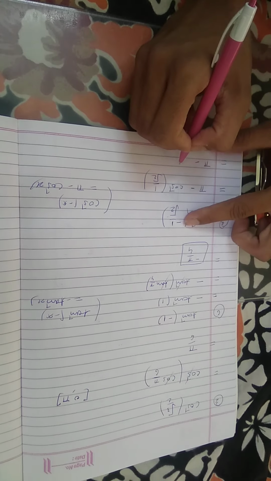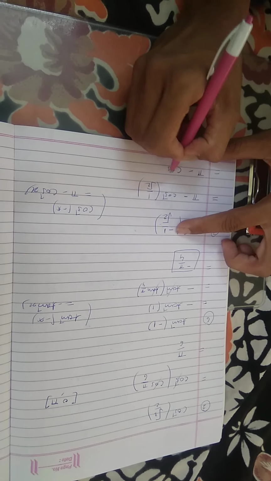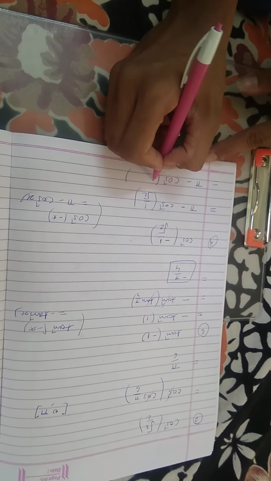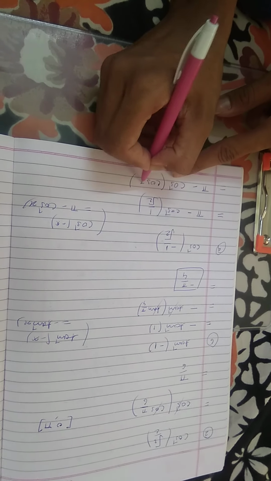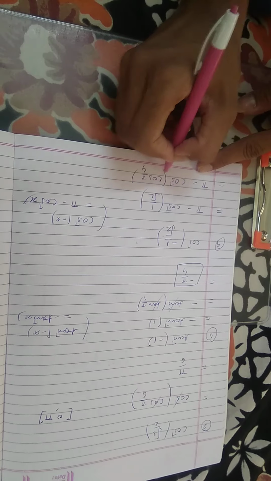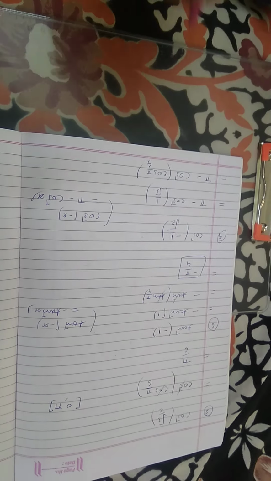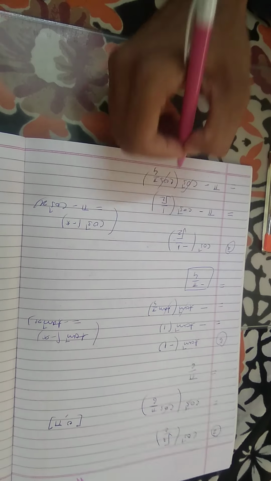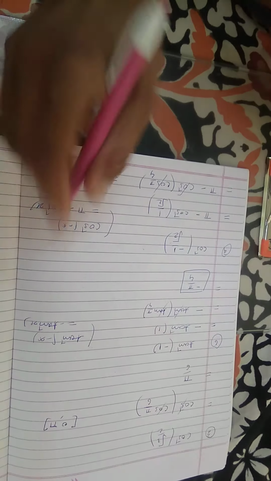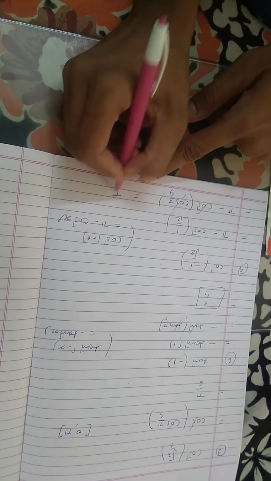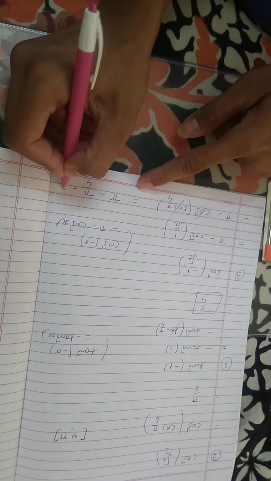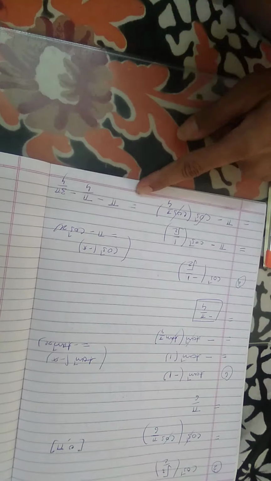Now put the value of 1 upon root 2 in terms of cos, which is cos pi by 4. This is in range, because the range of cos inverse is 0 to pi, closed. So cos inverse cos cancels, and the answer is pi minus pi by 4, which is equal to 3 pi by 4.